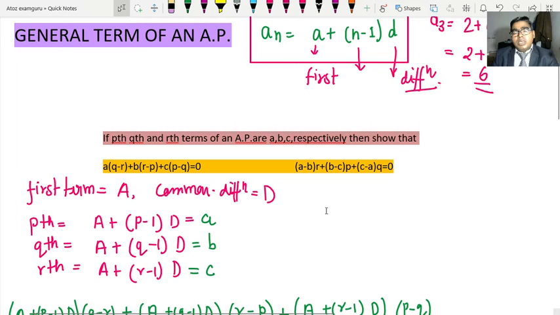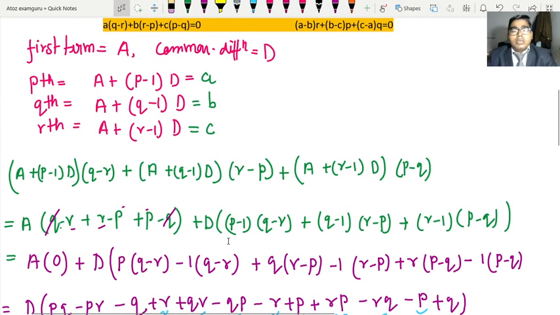It's given to you A minus B into R. Then how will you obtain this? Name them equation 1, 2, 3.